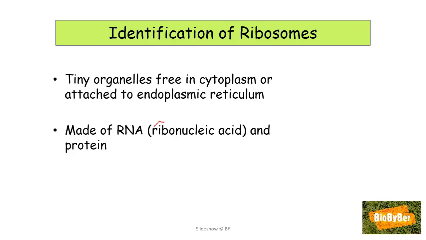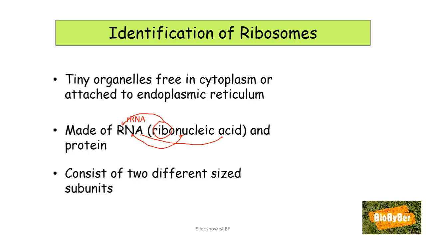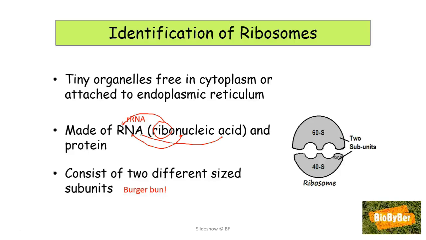They stand for ribo, nucleic, because it's in the nucleus, acid, A for acid, and protein. This RNA can sometimes be called ribosomal RNA. Ribosomes consist of two different sized subunits, rather like burger buns.